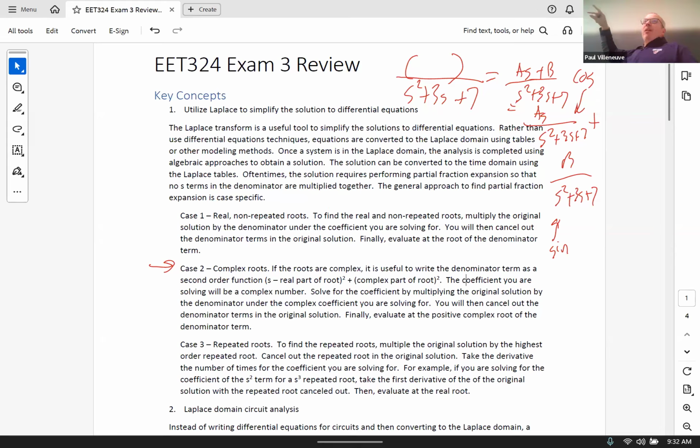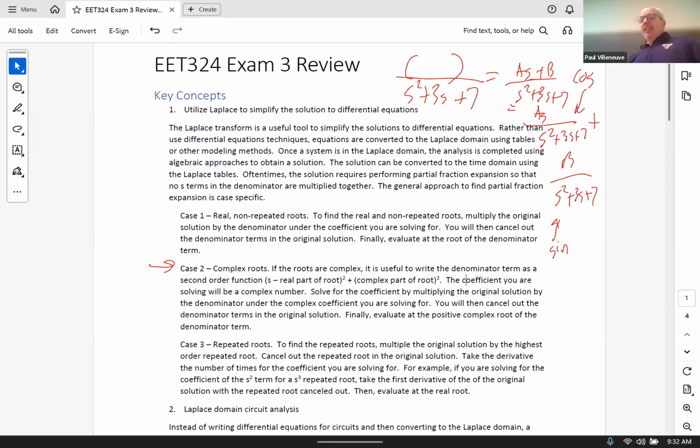That means it's a real part plus or minus an imaginary part. And so when we do that, again, we multiply by whatever is under the complex number that we're trying to solve for, and then we evaluate at the positive complex root. So that would be the real part plus the imaginary part. And then you solve for A or B at an angle of theta.